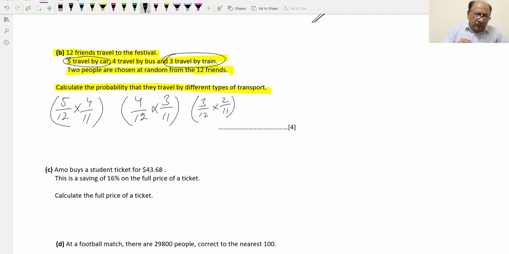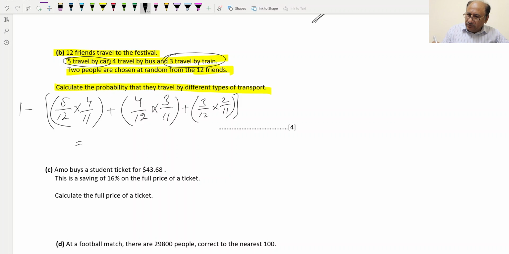So this one we will be adding and subtracting from one, and these will be probabilities which we subtract, and we will get the answer that the passengers are not using the same means of transport.